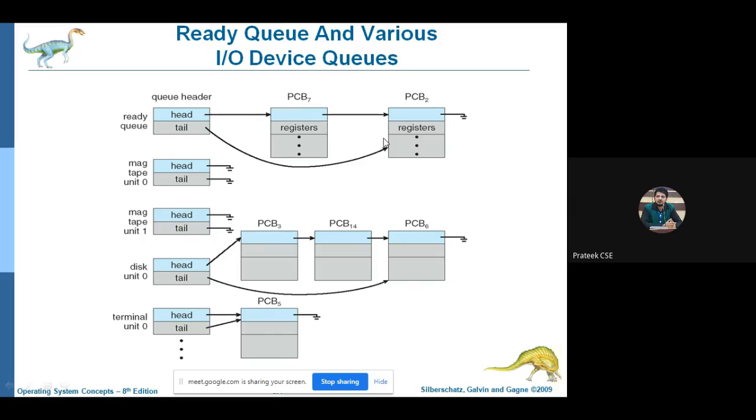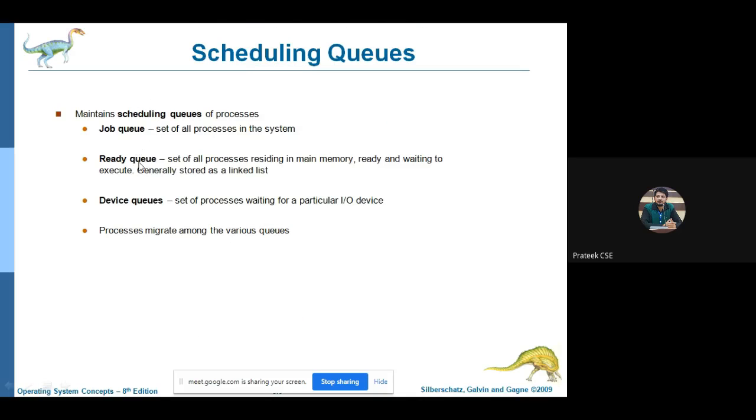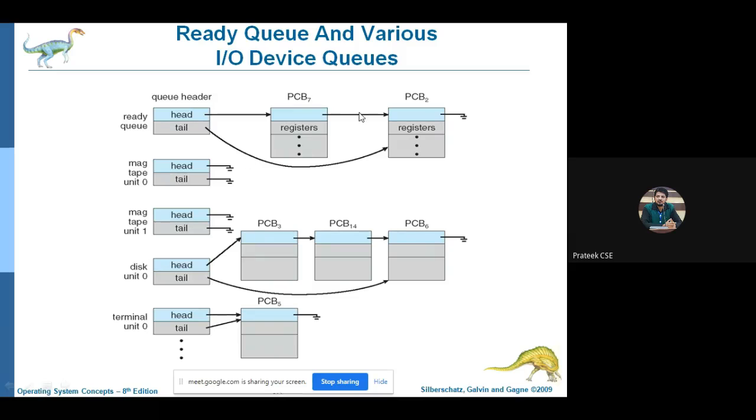There is information like the registers, the stack, the data section, the text section, which is associated with each and every process, and these are some of the queues. Mainly we are talking about the ready queue and the input output device queue. And as I have just discussed, ready queues are generally stored in the form of linked lists. So this is how the structure appears inside the system.